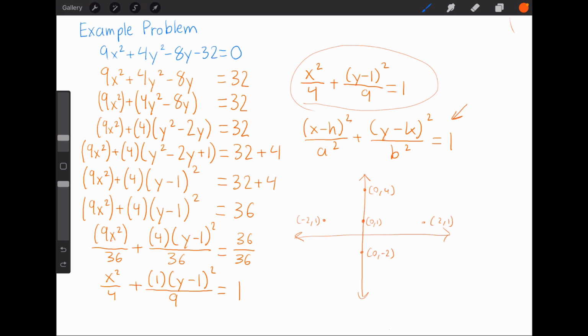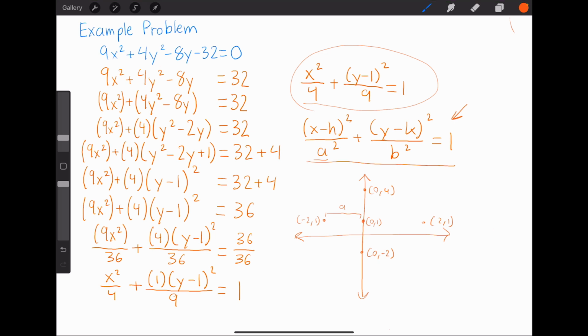I would also like to note that you can find the major and minor axes of an ellipse by multiplying a by 2 and by multiplying b by 2. This is because in the standard form of an ellipse, a is half the distance of the horizontal axis.